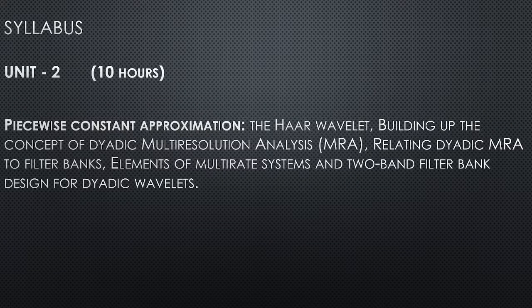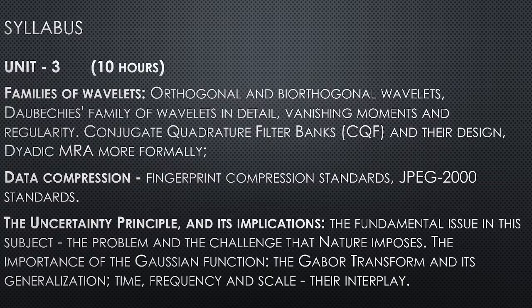In unit 2, we look at the wavelets. From here we talk about wavelets. First we look at the Haar wavelet and MRA. In unit 3, different families of wavelets, and we look at some applications of wavelets in data compression, basically fingerprint and the JPEG 2000 standards.